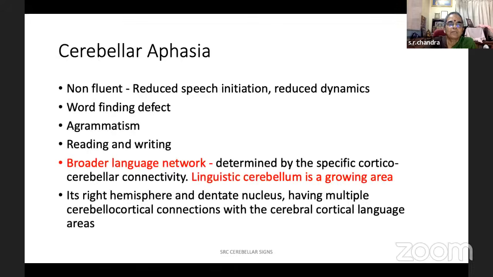Then cerebellar aphasia, as I said, is on the right side of the cerebellum, and cerebellum forms part of the broader language network. Classically, language network is the perisylvian area. Now there are many areas involved. It's a broader language network, and verbal fluency, word finding difficulty, agrammatism, reading, writing abnormalities are reported, and it is in the research process much more.